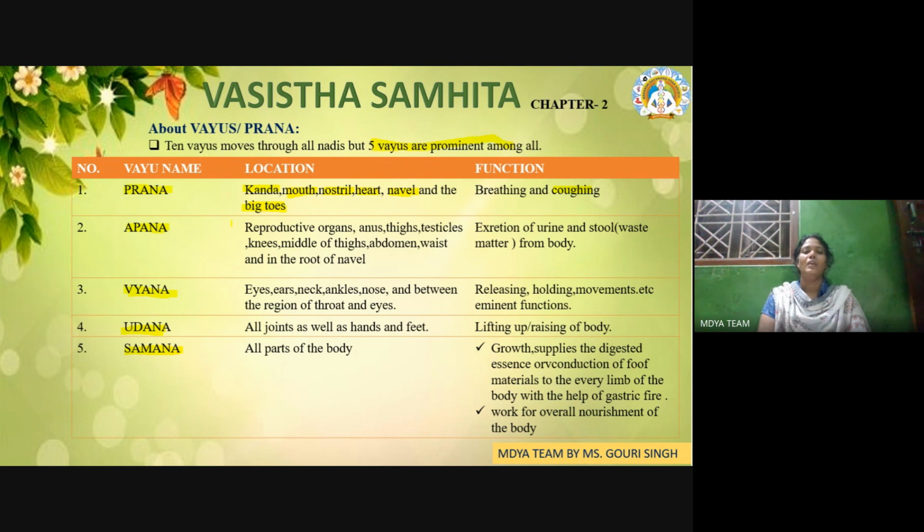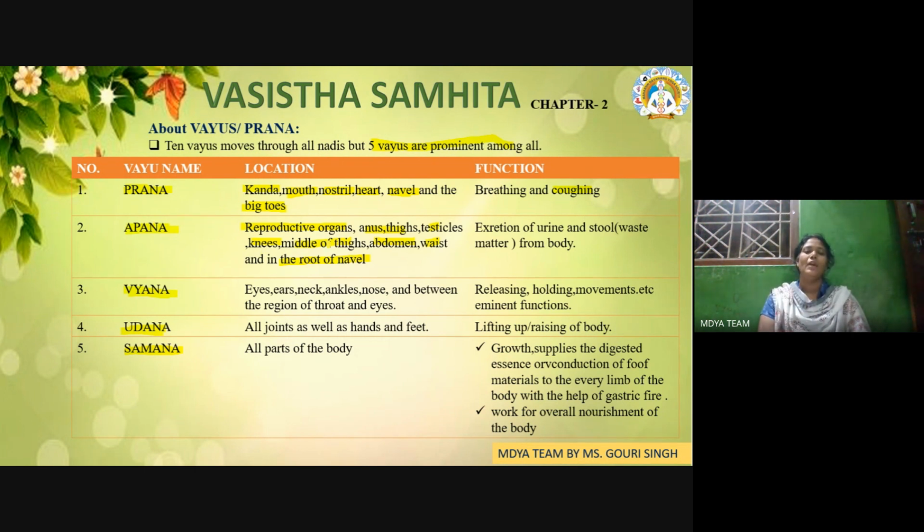Now talking about the apana, Vasishtha is telling that all the reproductive organs, the thighs area, testicles, knees, middle of the thighs, abdomen, waist area and the root of the navel are the location of the apana. Again, here it says the navel region has prana, but the root of the navel is in the apana. That means it is talking about the below area.